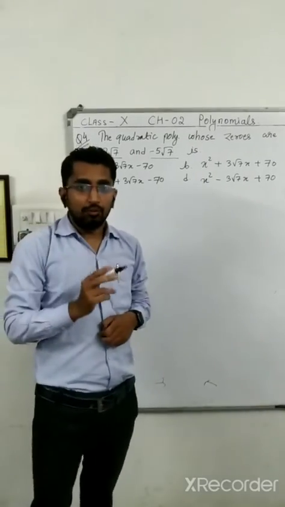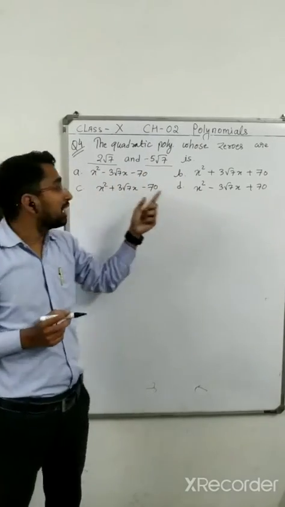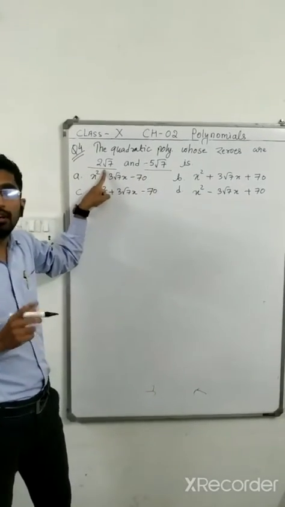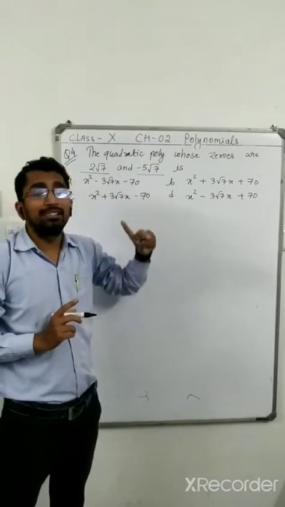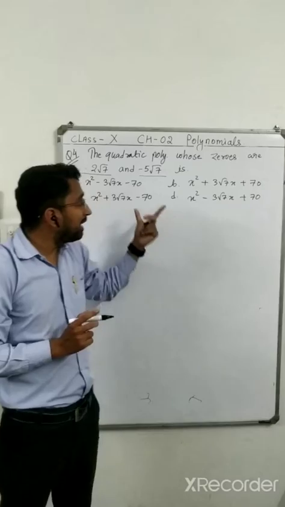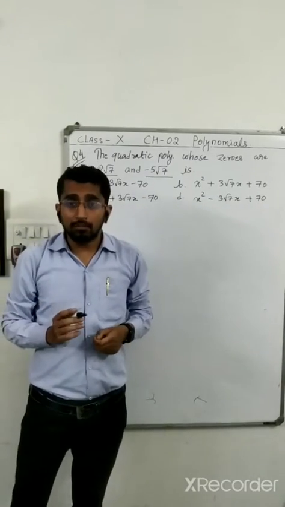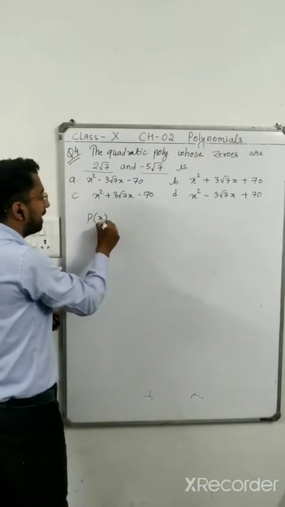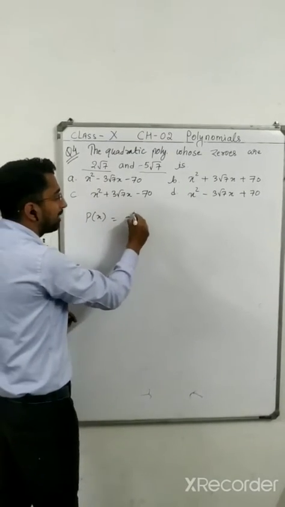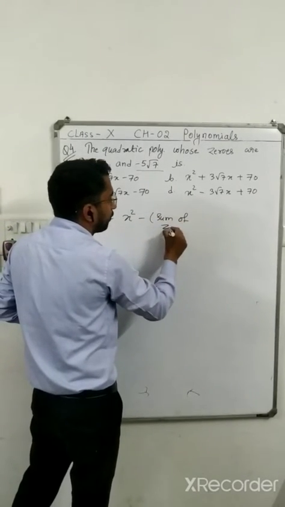Let us see our fourth question. It is a different question where the zeros are given to you. You can see 2 root 7 is the first zero and minus 5 root 7 is the other zero. So we need to answer what can be the possible quadratic polynomial. For this we have a formula: p(x) equals x square minus the sum of zeros into x.